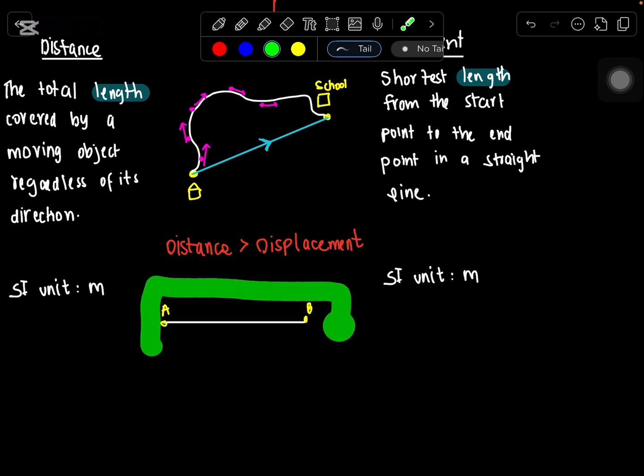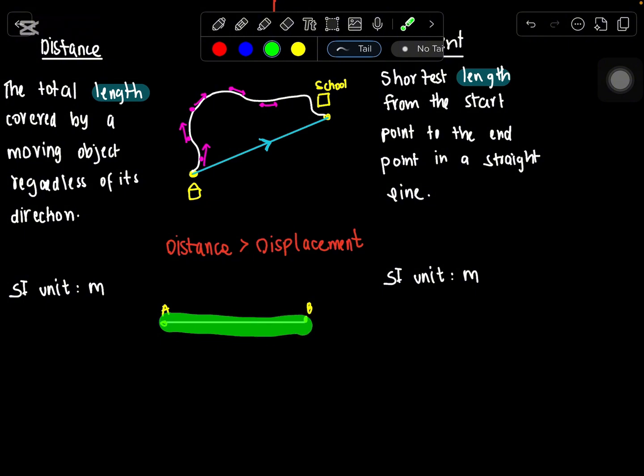In this specific situation, your distance is equal to your displacement, right? Since it's a straight road, the person will cover this distance from A to B, and if you were to extend a straight line from A to B, that is the same as your white line, which was the distance.